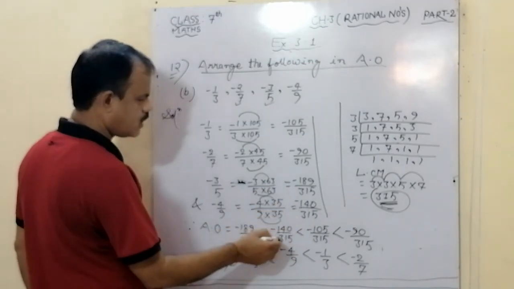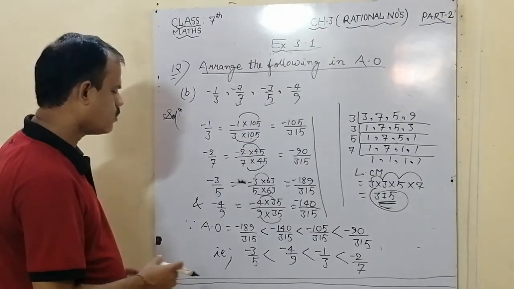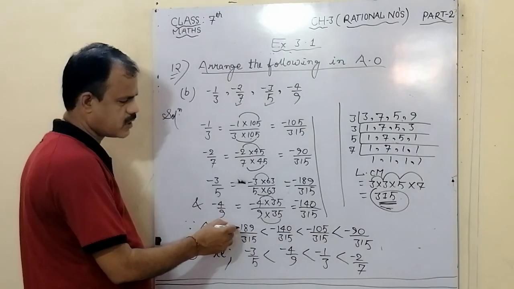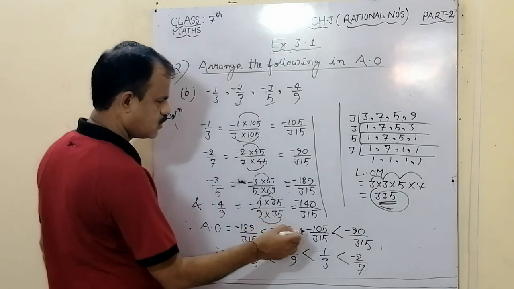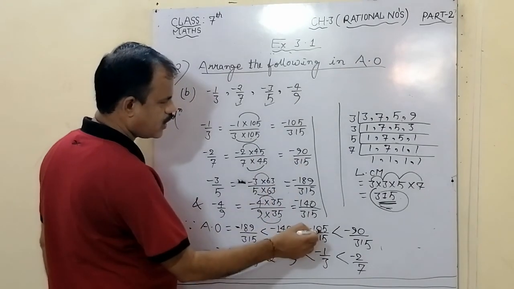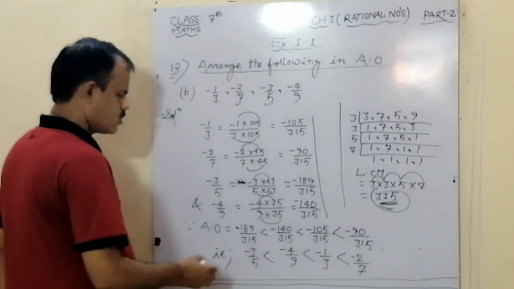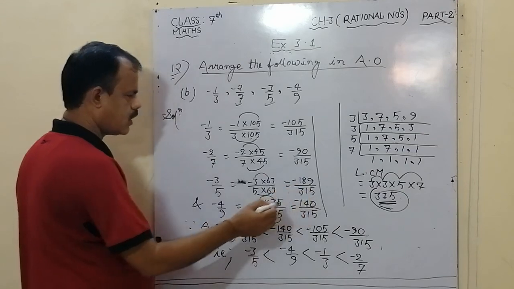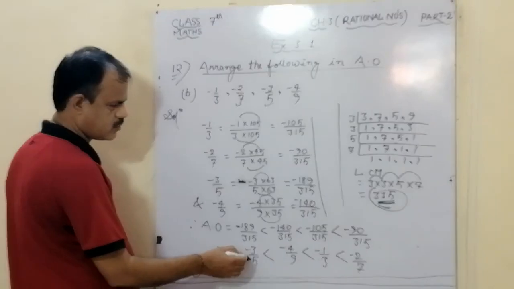Next, 140 by minus 140 by 315, because when a number is negative and greater, it becomes the smallest number. So minus 189, minus 140, then minus 105 and last minus 90 upon 315. So minus 189 upon 315, we can write this as minus 3 by 5.